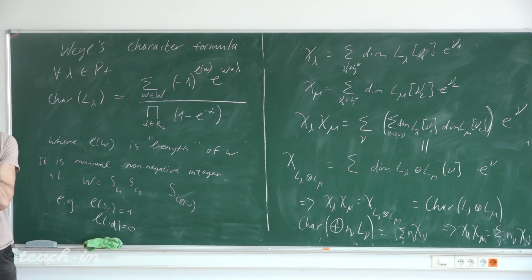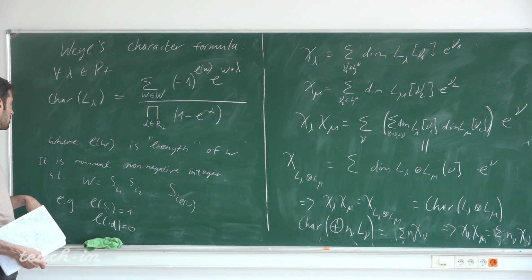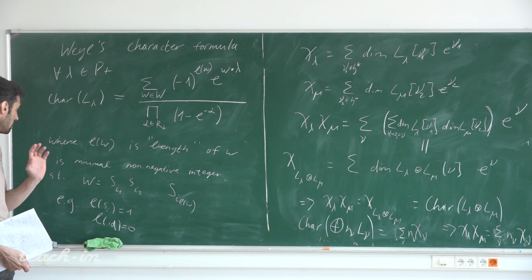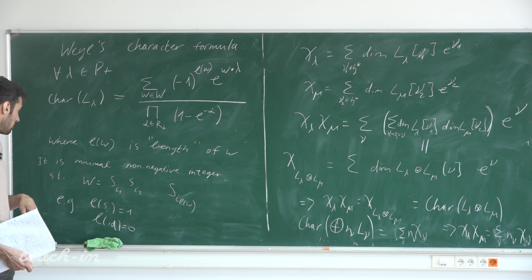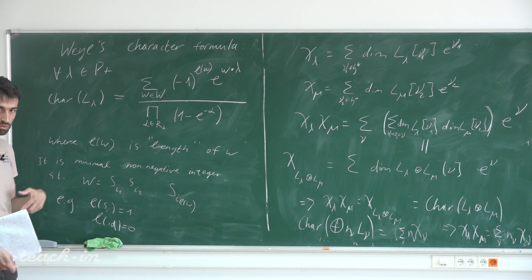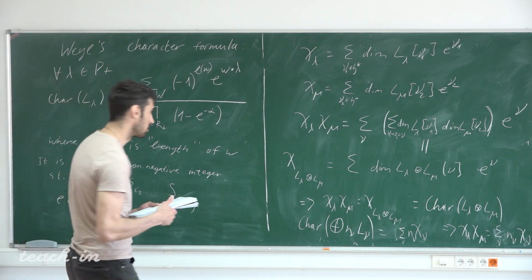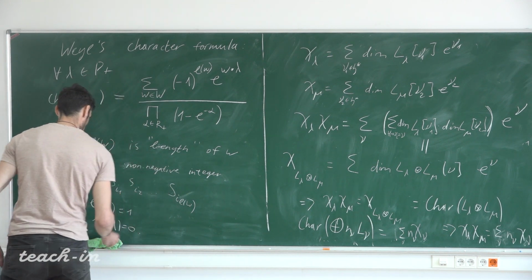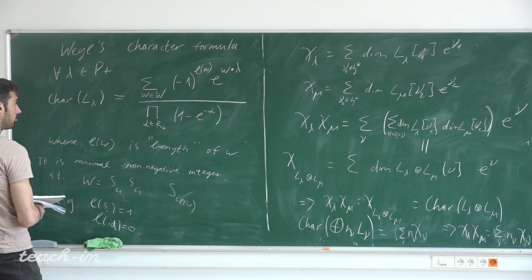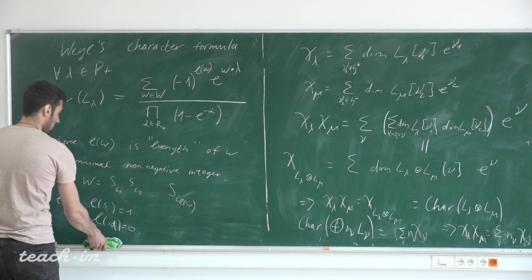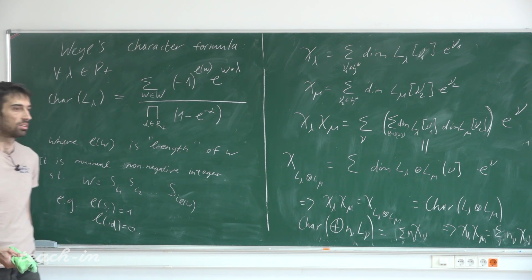It's not that obvious. And the maximal possible length is actually the number of roots over 2. Okay. So how does one prove that?